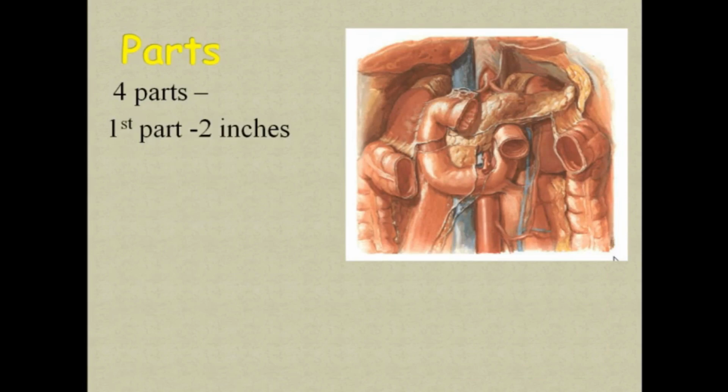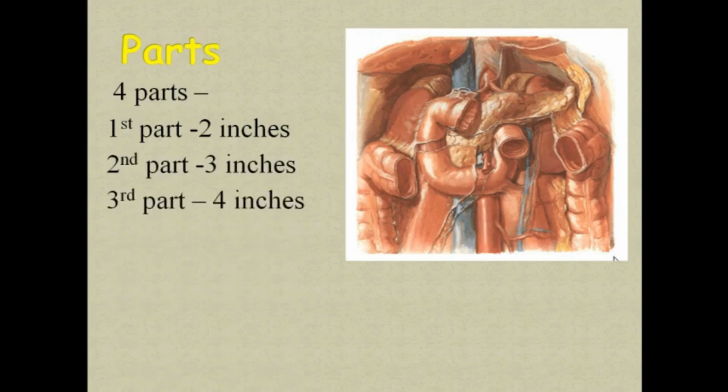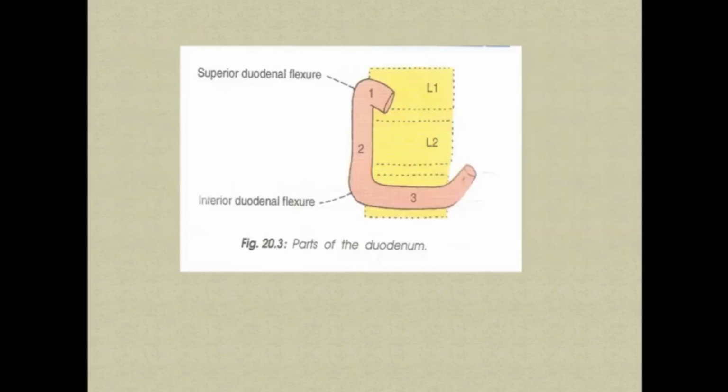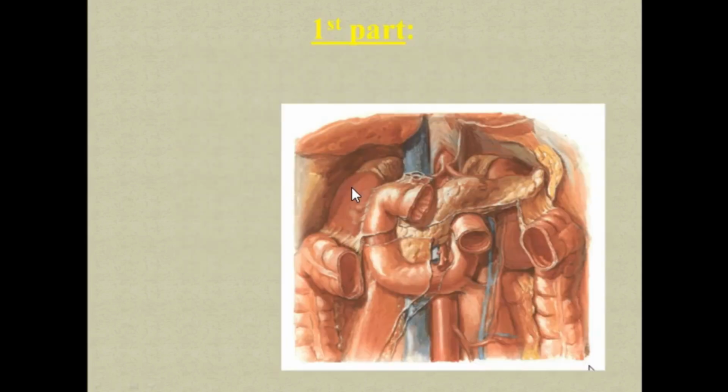First part is about 2 inches, second part 3 inches, third part 4 inches, which is the largest part of duodenum, and the fourth part is 1 inch. Here we can make out the vertebral level. First part to the fourth part is related to L1 to L3 vertebral level, and the second part extends from the superior duodenal flexure above to the inferior duodenal flexure below.